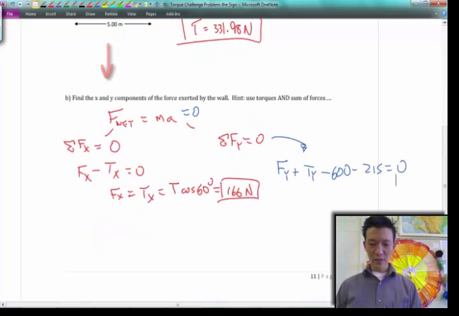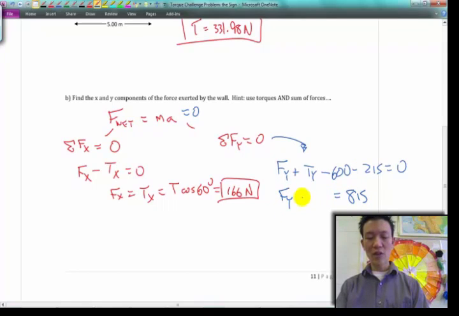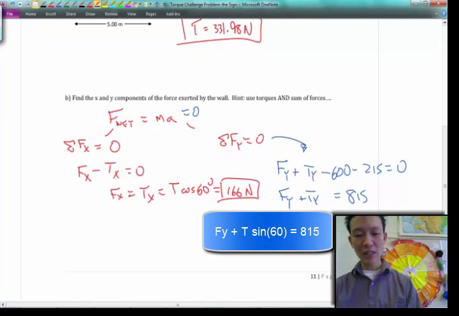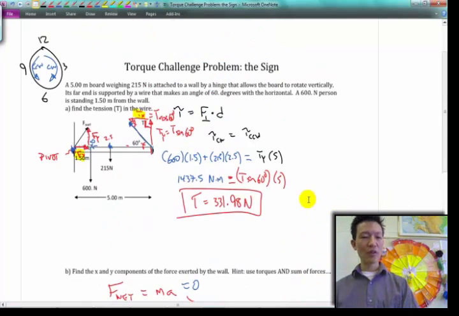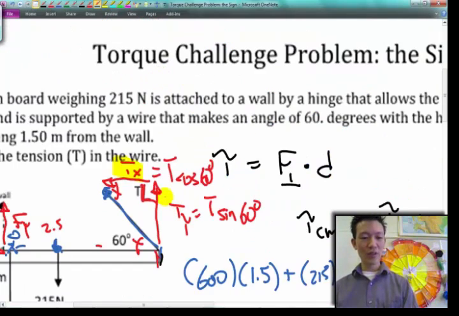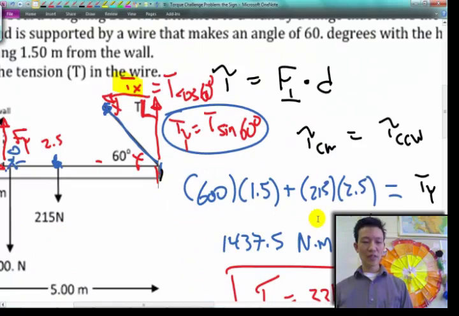Or in other words, 600 and 215, that's 815. We can do that in our head. The force of the wall in the y direction and the string pulling upwards is equal to 815. And we can find tension in the y direction. That's not too bad because that's just T times the sine of 60 degrees. It's the vertical component of force in the upwards direction right here.